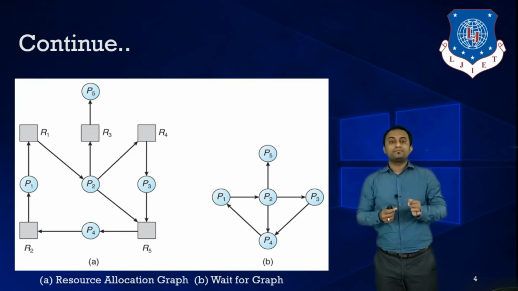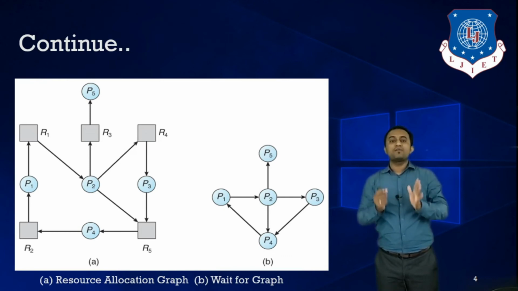If a wait for graph contains a cycle, or closed loop, and we are talking about single instance of resources, definitely the deadlock will be present.